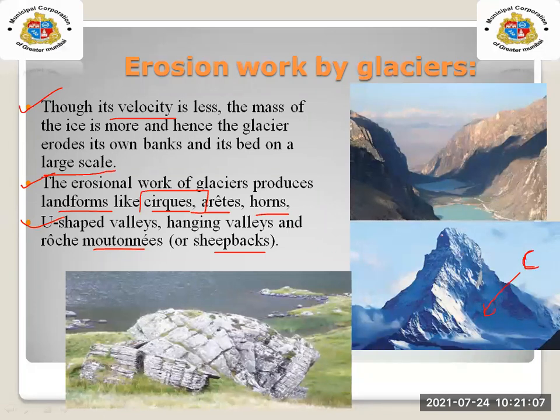And horns means what? In this image, you can see the horns like those of cows and buffaloes. Yes, these are the horns. U-shaped valleys look like this. Hanging valleys are also there, and rocky mountains.